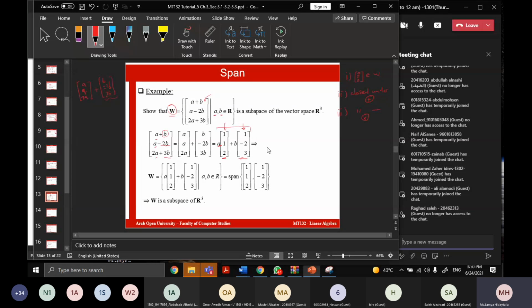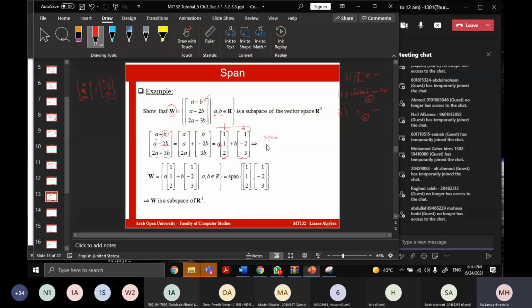So that means it is a span. W is a span, which means linear combinations of some vectors. Which vectors? These vectors. This set we will call S. So W is equal to span S.